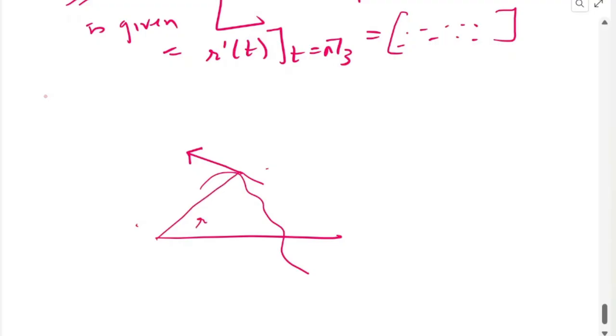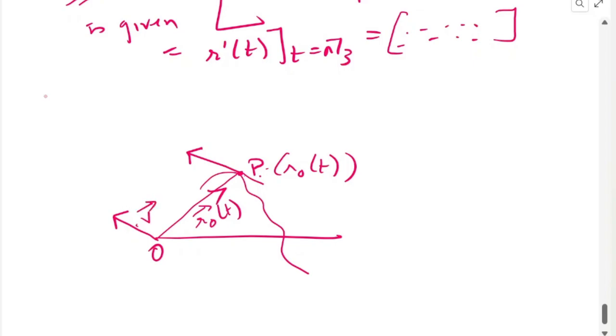This is R0t. I'm just writing R0t because this is a specific point P. So this is your R0t vector, because it's from the origin. This is the point which is lying on this line, and this line is parallel to some vector, as I already said, say V vector.